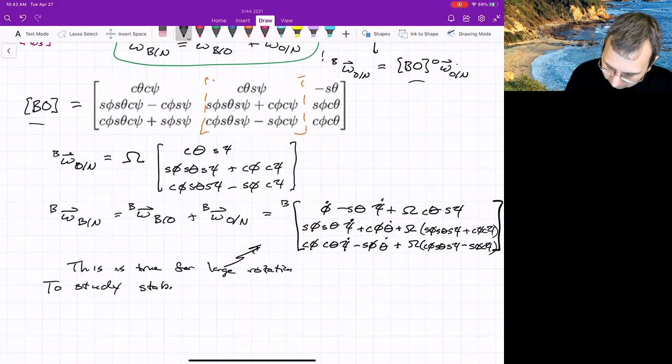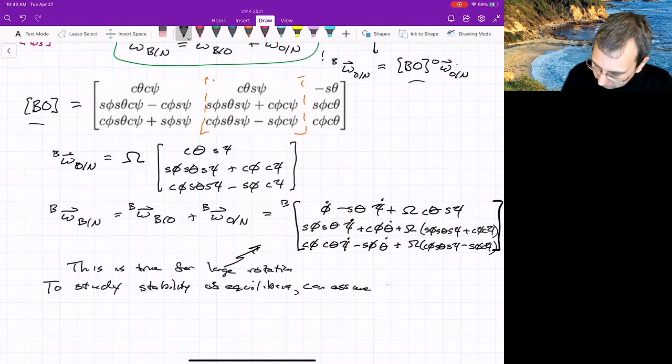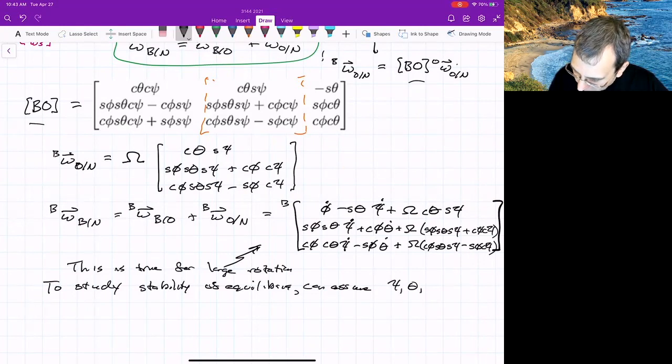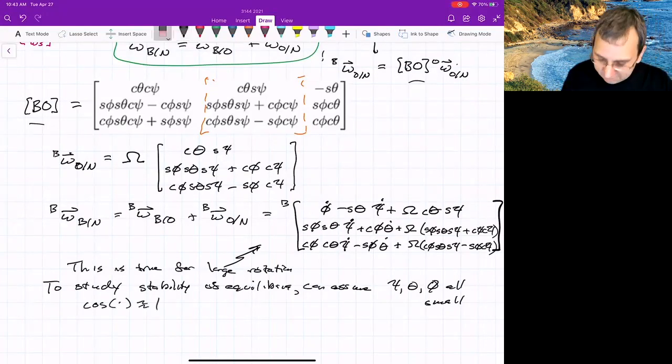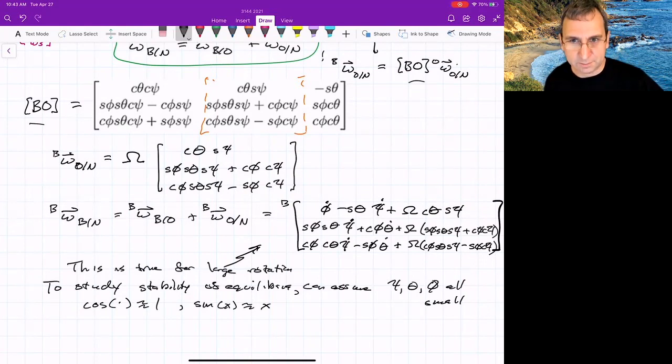So to study stability of equilibria, we can assume all of these are small, which means we can set cosine of anything basically equal to 1, and sine of whatever it is just equal to the angle.